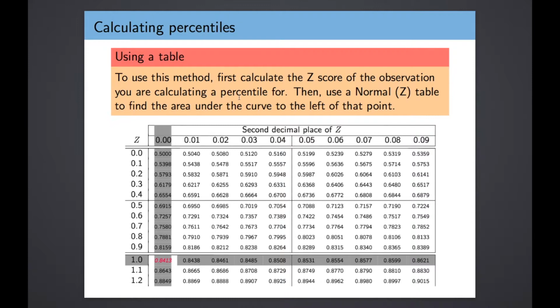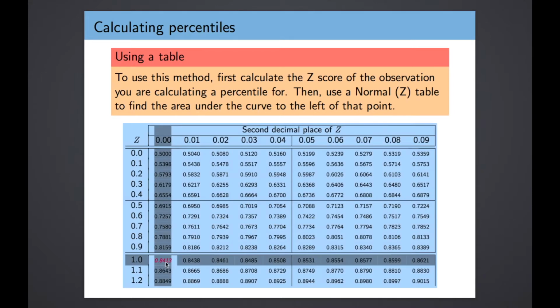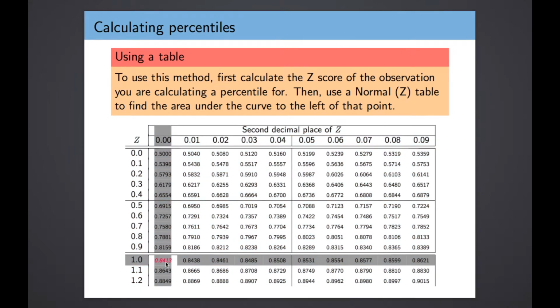So in this case, we have 1.00, so we go to 1.0, and then this column here for the second decimal point of 0. And we head down here, and what we're going to find is 0.8413. So again, this is telling us the area underneath the distribution curve to the left of the point 1800.